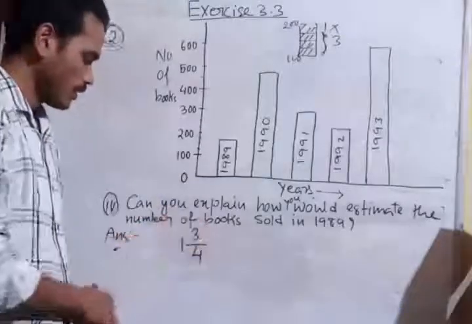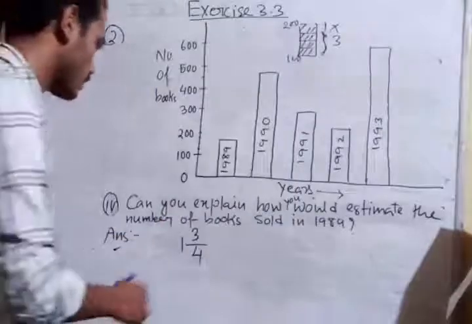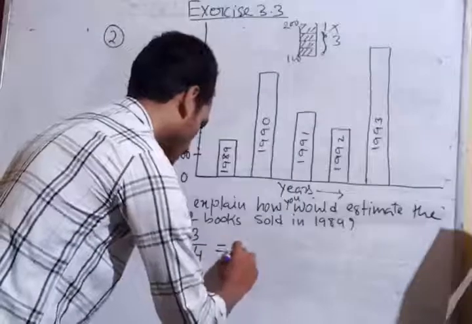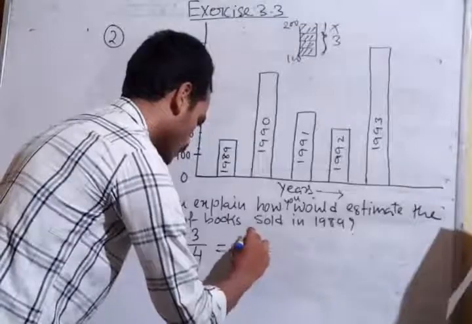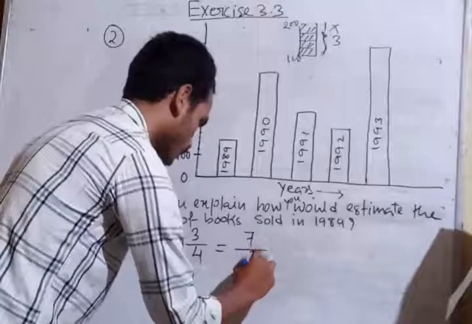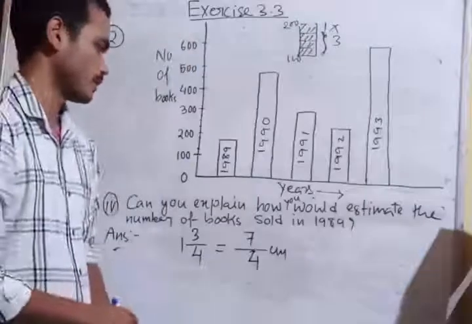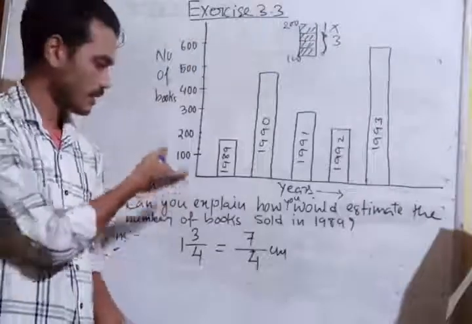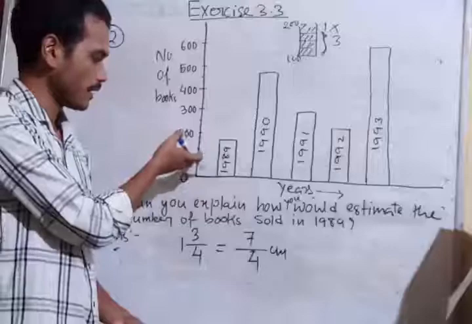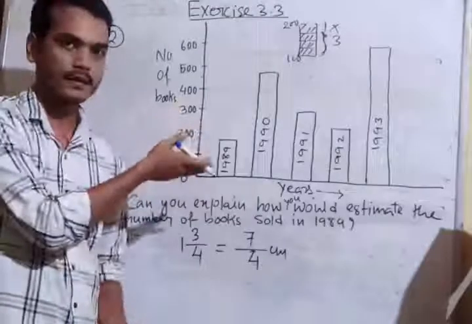Now if you convert this mixed fraction into an improper fraction, how much will you get? 4 ones are 4, then 3, this is 7 by 4 centimeter. In 1 centimeter, this is 1, then after 100 to 200 another 1 centimeter is there.